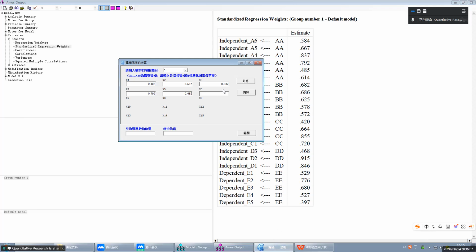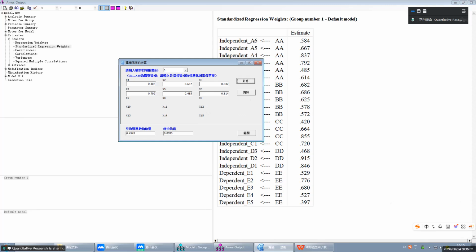Okay, this is this one. And next one, 0.614. Okay, now I already input the 6 factor loadings, I can compute. Now you can see this is for composite reliability.